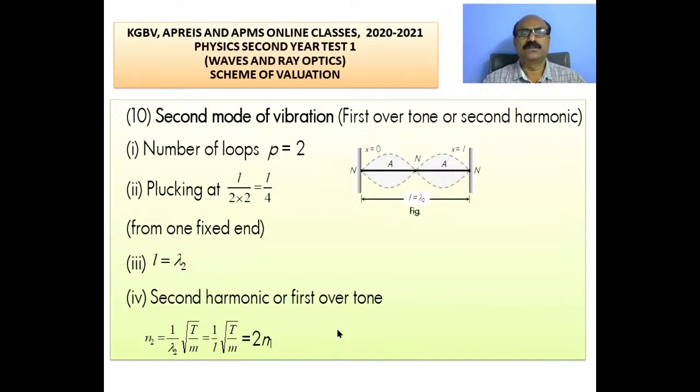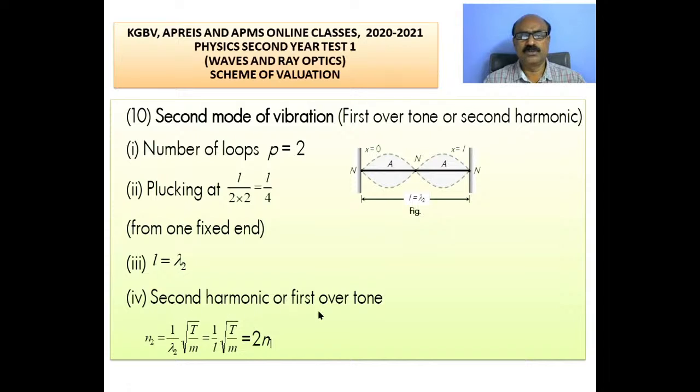Next, the second mode of vibration, or first overtone, or second harmonic. These are the different names. The number of loops p is 2, plucking at L by 4, one-fourth of the length of the wire from one fixed end. So lambda 2 is equal to L in this case.